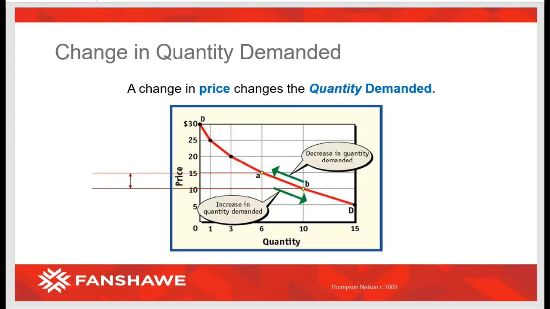So that leads us to our first definition. We have something that we call the change in quantity demanded. And this means that here are all of the different quantities that we would demand at different prices. So if we do change the price from $15 to $10, then we'll see a movement along this curve from here to here, right?